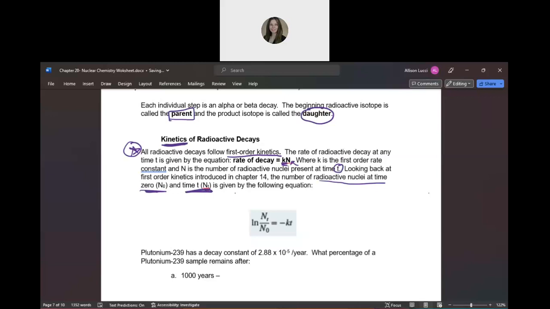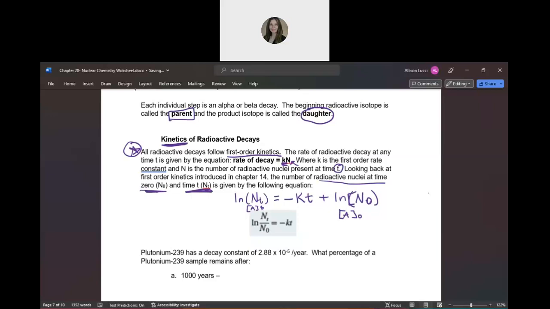If you remember the equation given earlier in Chem 2, the natural log of the analyte at time t, so concentration at time t, was equal to the negative rate constant k times the time that has elapsed, plus the natural log of, and here we're going to call it initial N sub 0, but previously it was concentration A sub 0.